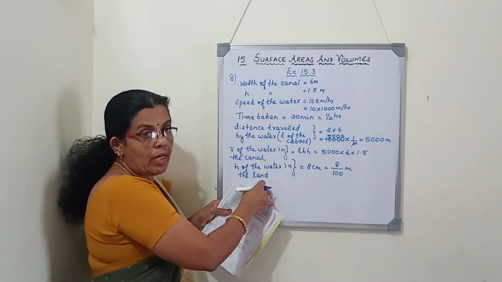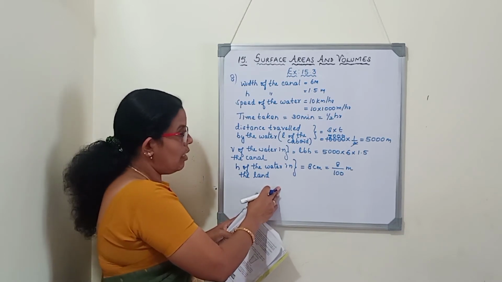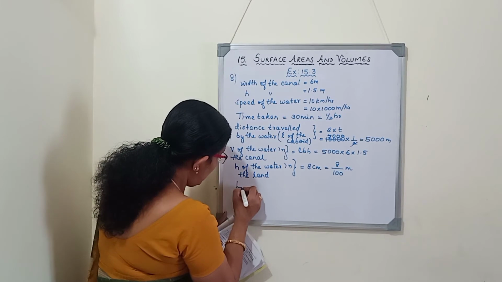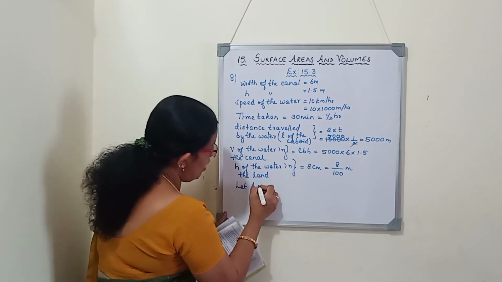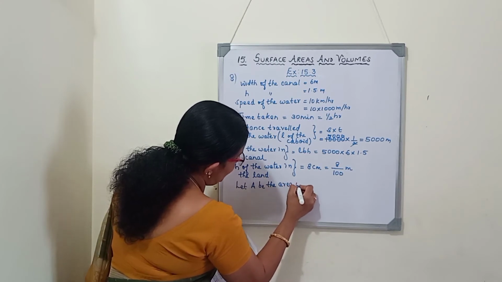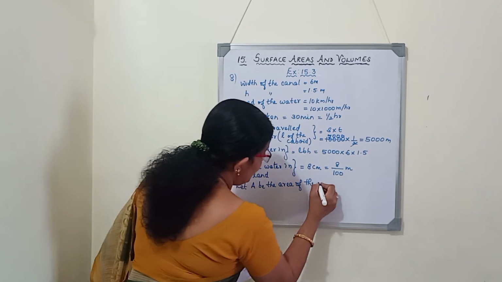So we know that the basic concept of volume is area of the base into height. What is the shape of the land we don't know, so we will write, let A, capital A, be the area of the land. This is what we wanted to find out, how much area it will irrigate.